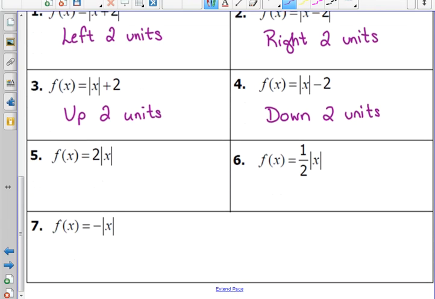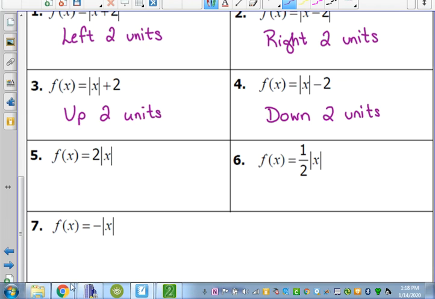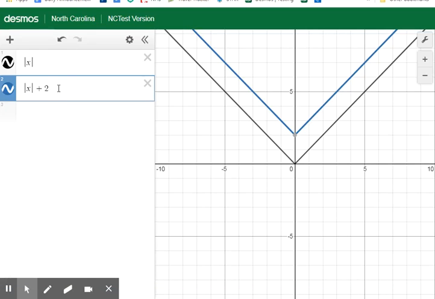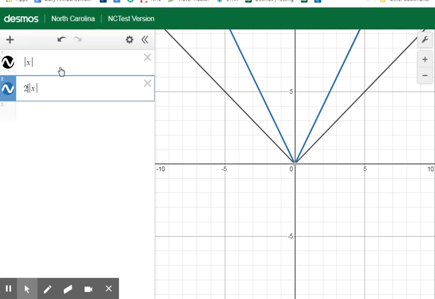Let's look at number 5 and number 6. We have 2 times the absolute value of x, and 1/2 times the absolute value of x. Let's put that 2 in front. Notice the vertex didn't move. We didn't go up, down, left, or right. All that happened is our function, and there are 2 ways to look at it, either squished in horizontally or stretched vertically.